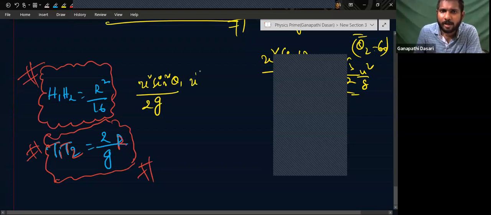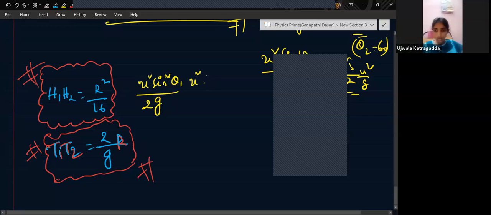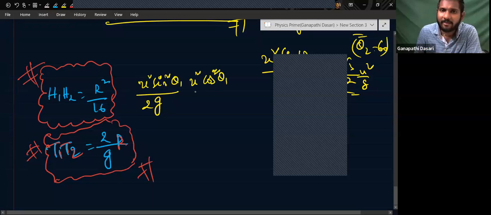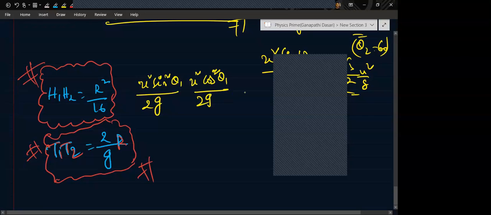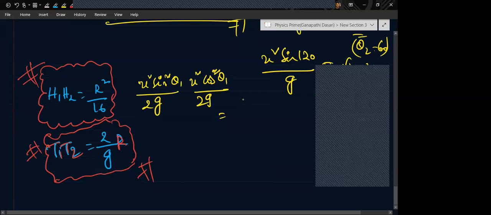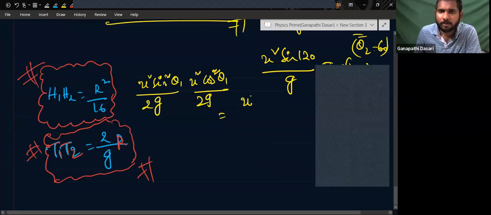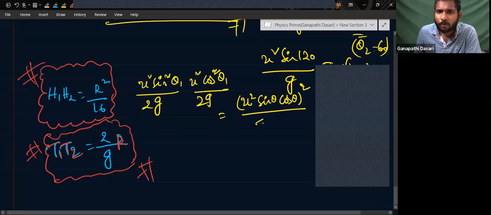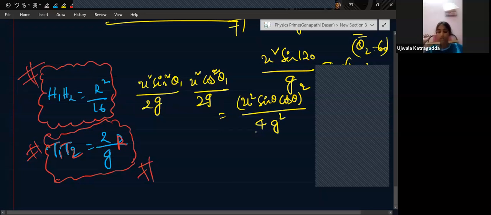H2 is u square sine square theta 2, which can be written as sine square of 90 minus theta 1, and that is cos square theta 1 by 2g. That is what? u power 4, that is u square whole square. I'll write like this: u square sine theta cos theta whole square by 4g square.